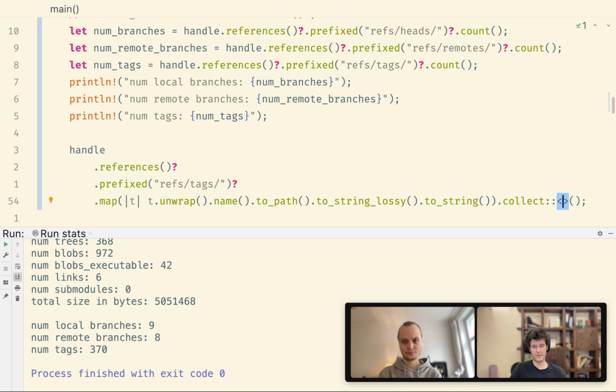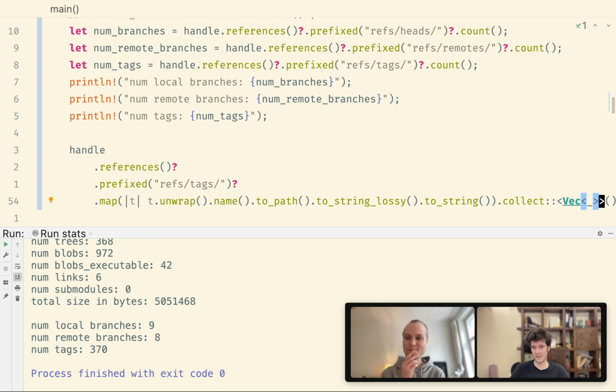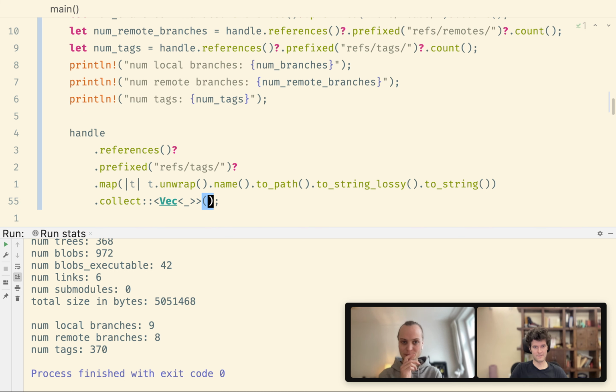I want to write a file, by the way, in case it's not obvious. I want to write a file similar to what I just did in one line of shell and like 15 characters. I want to do the same in Rust, super easy and straightforward. So I collect it into a vector, then I can join it along new lines.